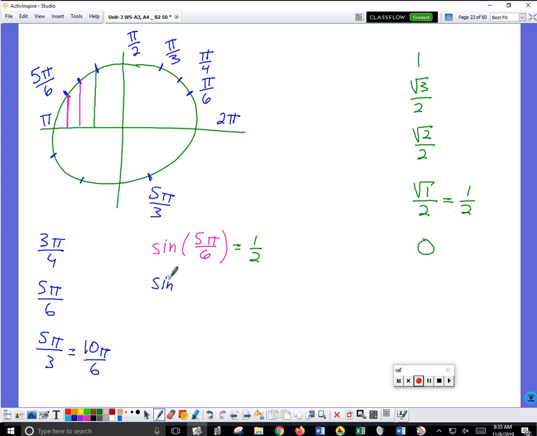If I need to do sine of 5 pi over 3, I count to here. Sine is the up and down. Well, that's the long distance. They come in pairs. Look. The sine is the up and down distance.